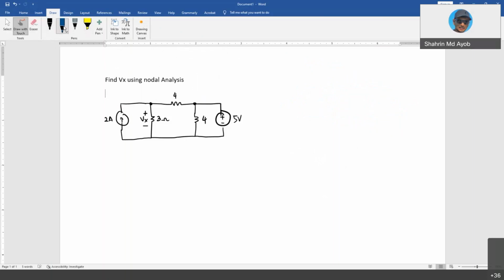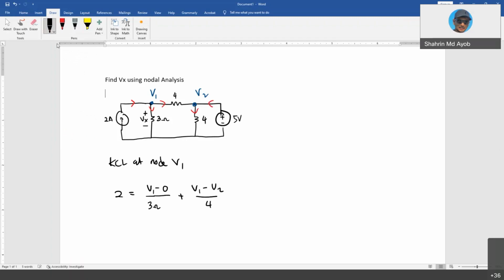Same thing, you need to define your V1 and also your V2 and the currents. So I set my current direction like this, and maybe this one also like this. KCL at node V1: 2 amperes equals the two currents going out, V1 over 3 ohms, or you can say V1 minus 0 over 3 ohms plus V1 minus V2 over 4.